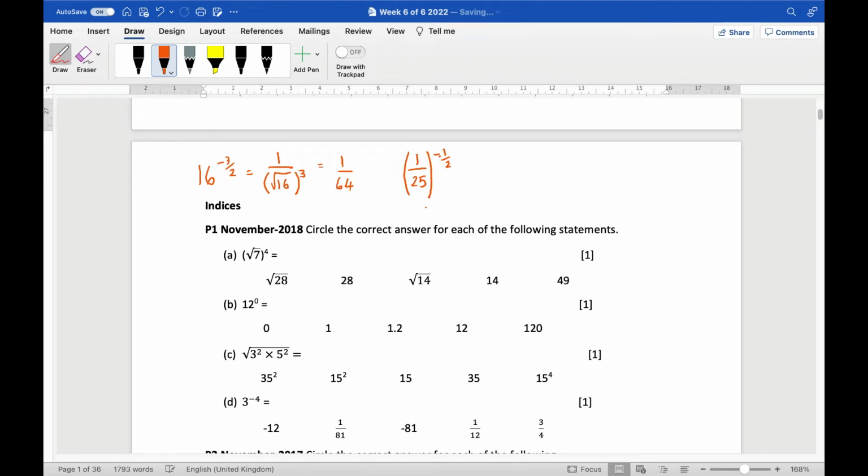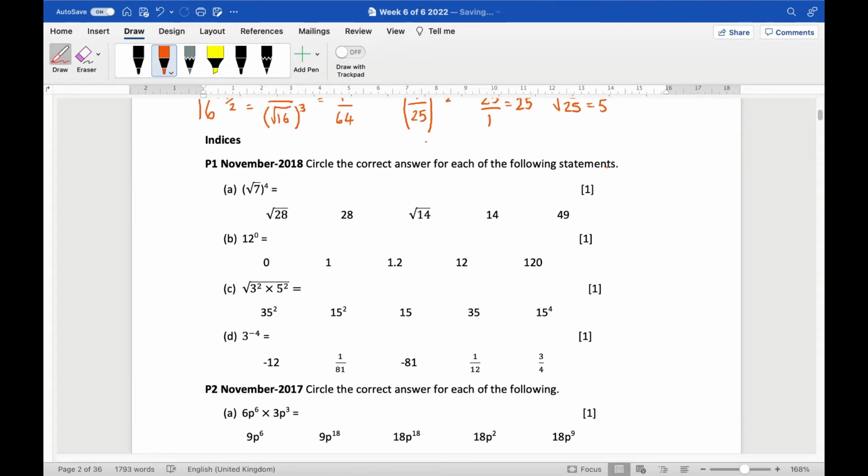Do the reciprocal part first in this case. So flip the fraction, which is 25 over 1, which is 25. And then consider the fraction, which is a half, which means a square root. So I'm actually looking for the square root of that reciprocal. So the square root of 25, which is 5. So little things like that to be aware of.